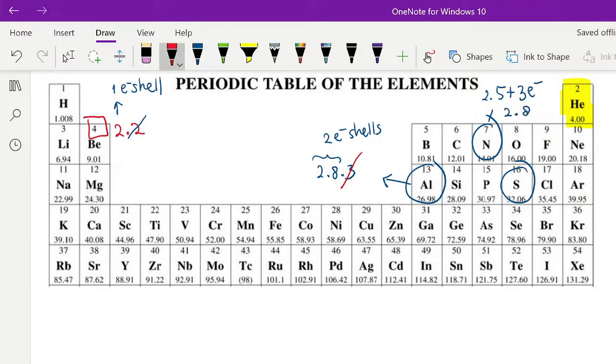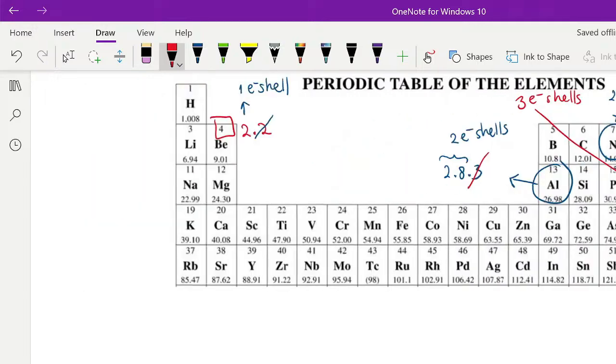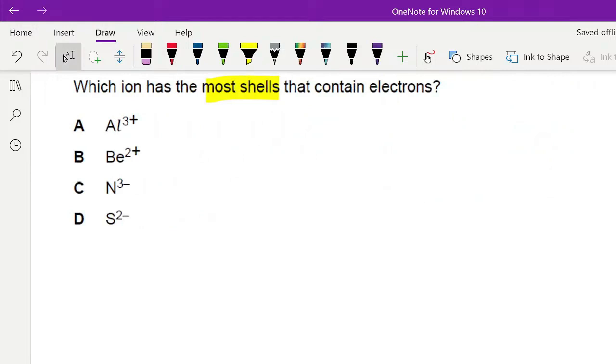It still has only 2 electron shells, whereas sulfur gained 2 electrons, and it has 3 electron shells. So the one with the most shells is sulfur.